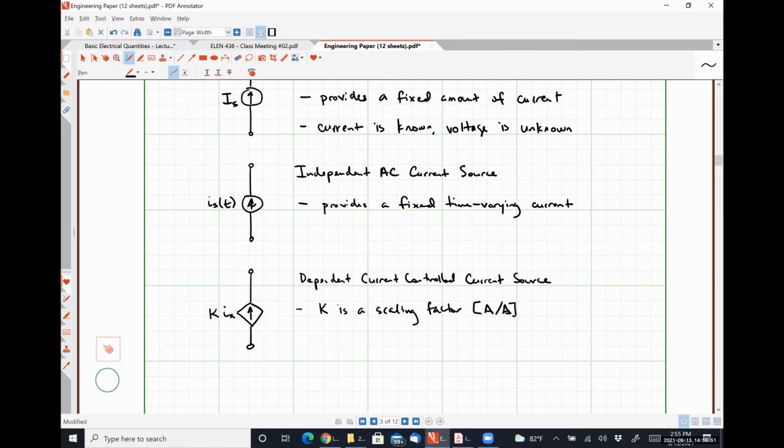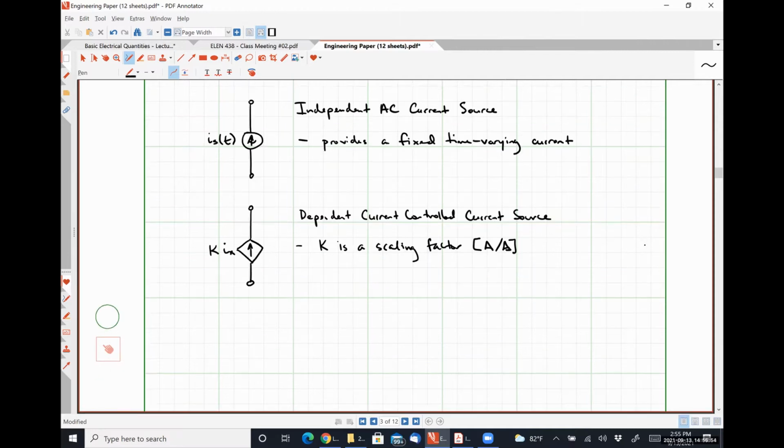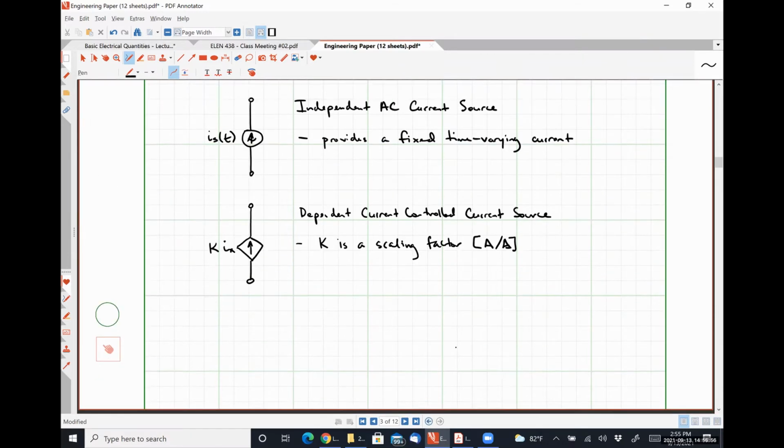So our fourth current source, and this is the last of the current sources, is going to have effectively the exact same symbol because I just really feel like confusing you guys. This one will be a dependent voltage controlled current source.